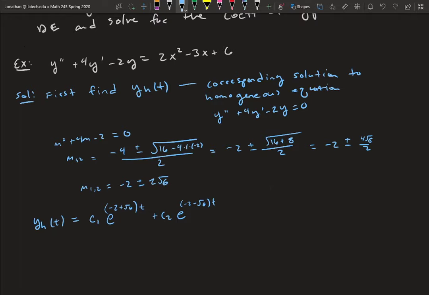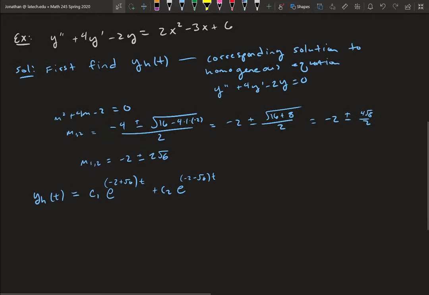Now, to guess yp, we're going to guess yp of t is of the same form as the right-hand side. So basically ax squared plus bx plus c. We guess it has this form based on the right-hand side.